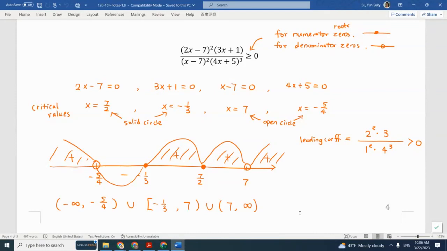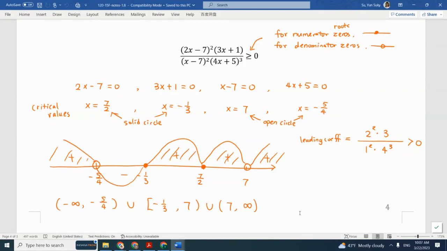So you don't need to put it in your calculator and figure out this number. You only need to know whether it's positive or negative. Okay, everybody? If your leading coefficient is positive, then you start with the right upper corner. And if the leading coefficient is negative, you start with the right lower corner.